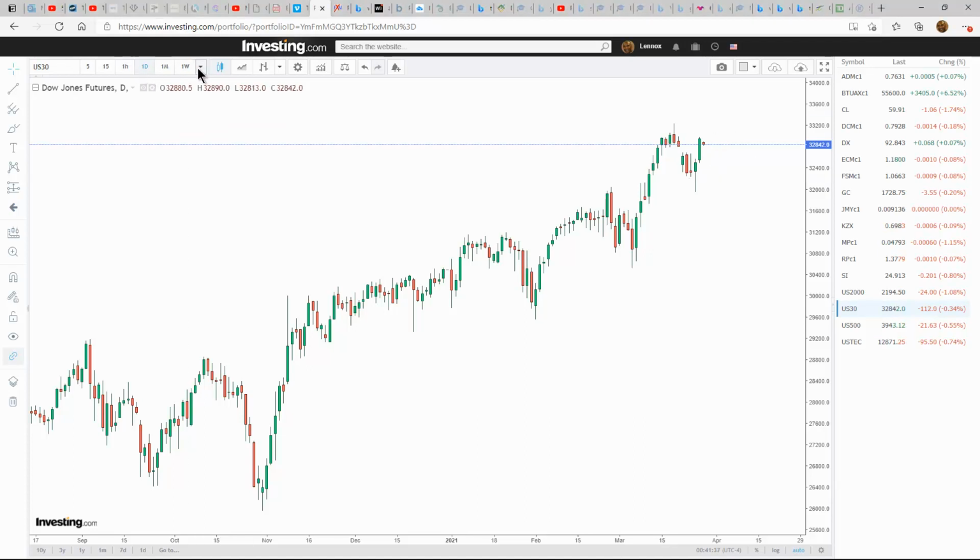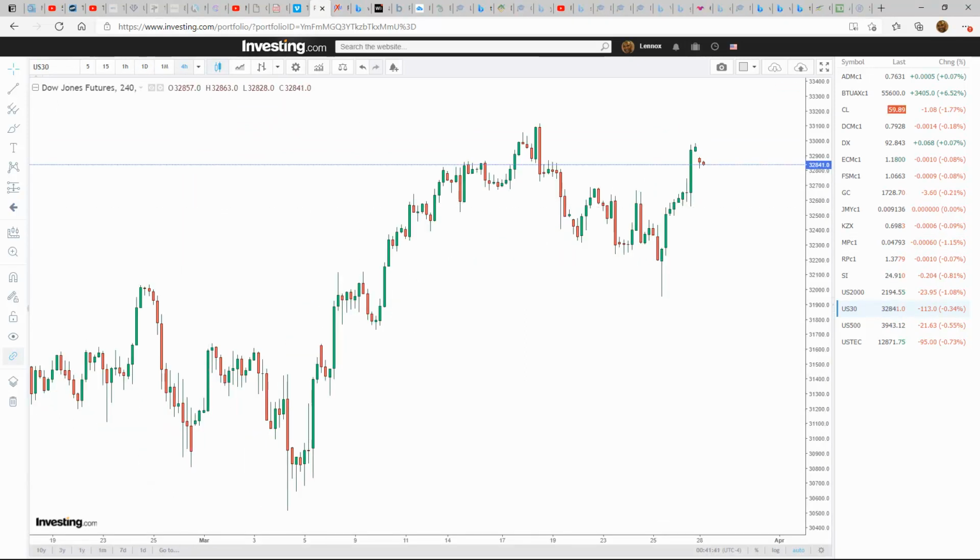If I go to the 4 hour on this chart, similar to US 30 and US 2000, because we're coming back to this previous high area, we could see some challenges in here before we escape to the upside. But it looks like overall strength in the Dow going into the week.